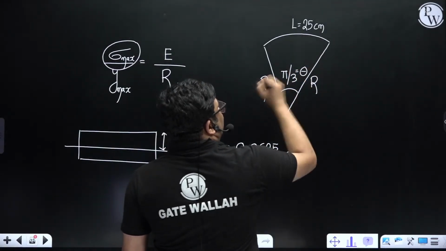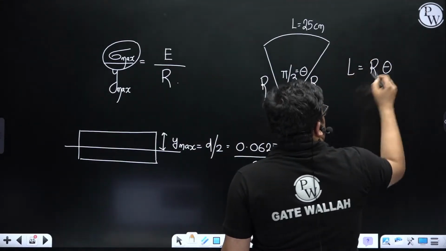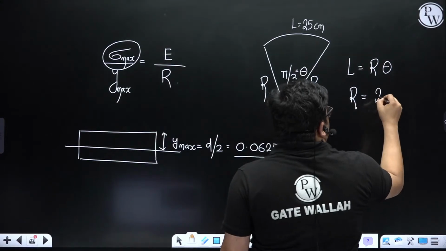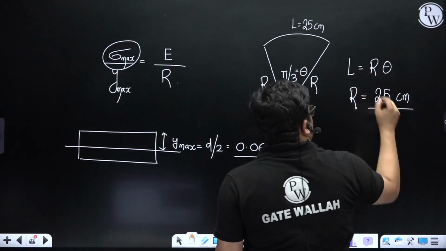So L is equal to R theta, or R is equal to L by theta, which is 25 centimeter by theta, where theta I'll use in radian.